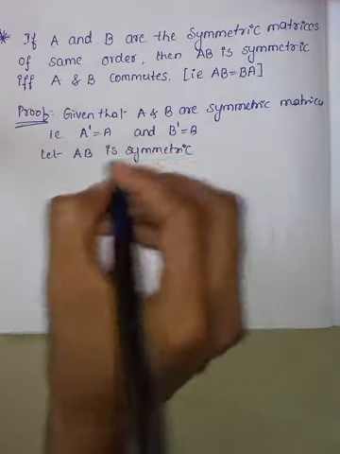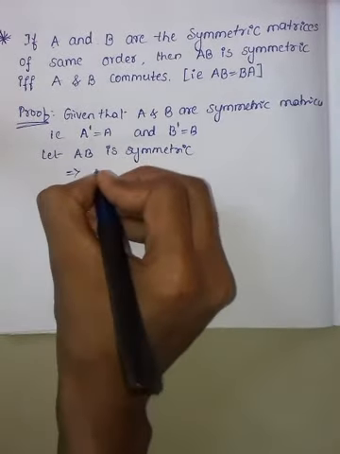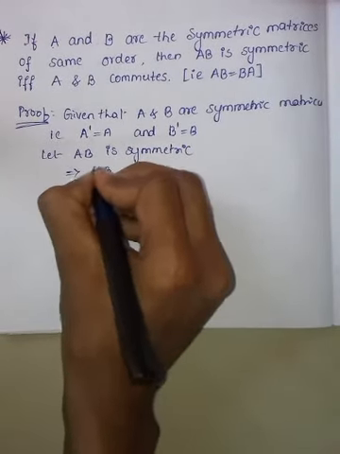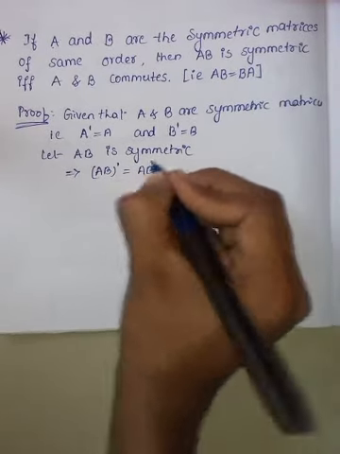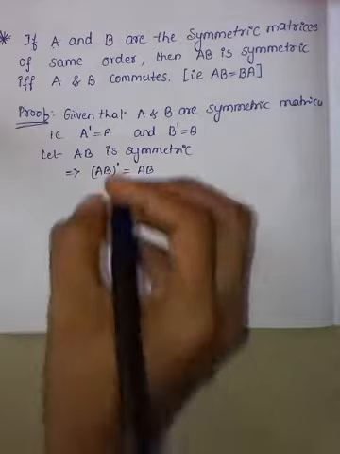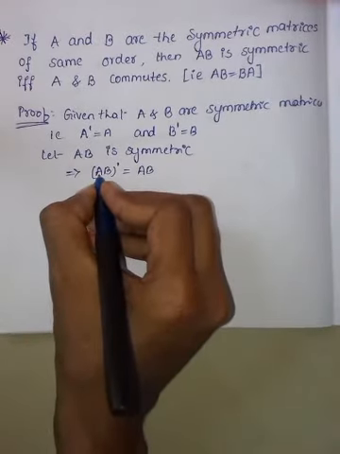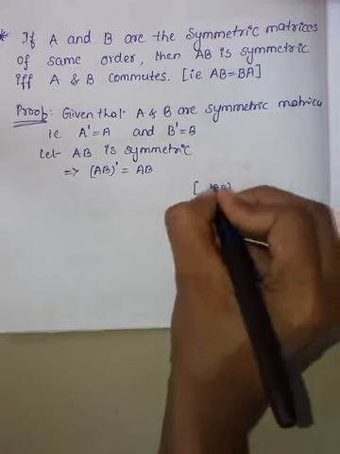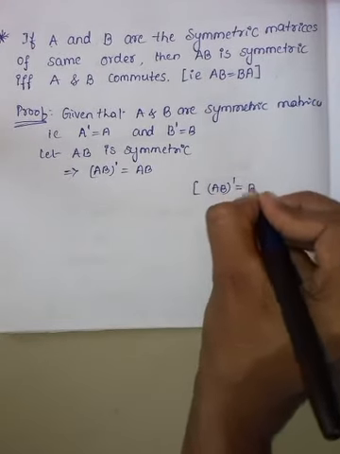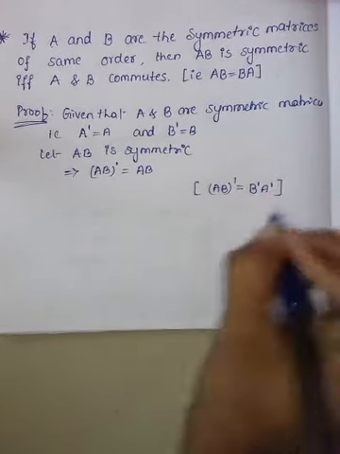AB is symmetric, which implies, according to the definition, (AB) transpose equals AB. According to the property of transpose, (AB) whole transpose equals B transpose A transpose.